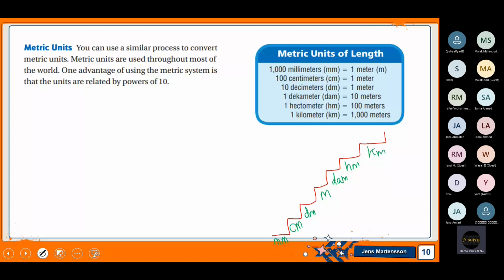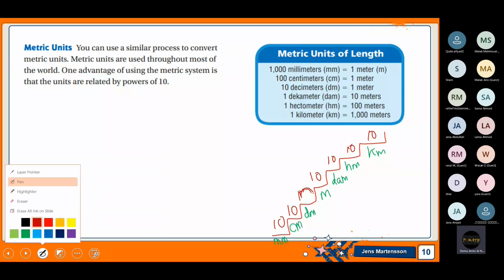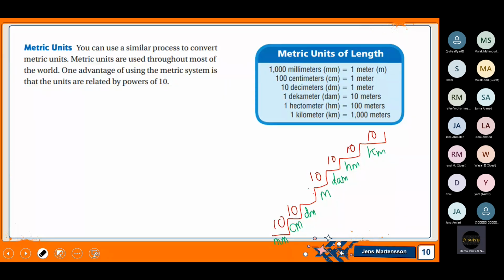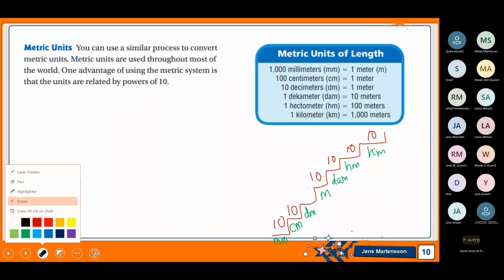And then up on the stairs here, you will write 10. I think here I have a problem in touch. So here it's supposed to be 10.